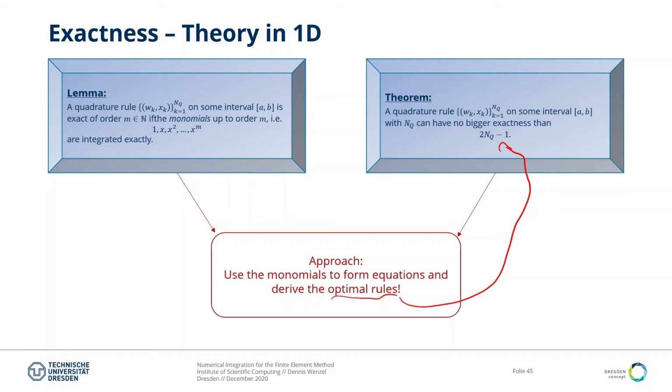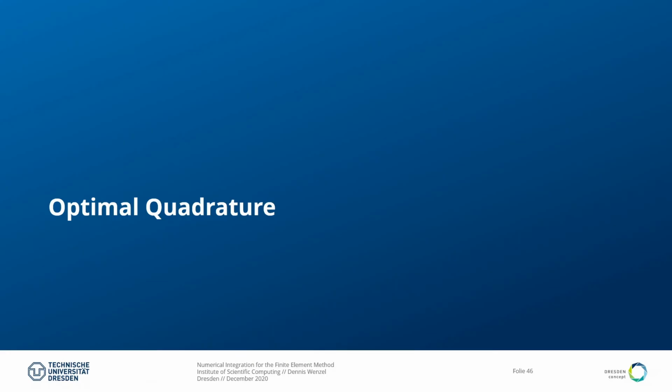And in order to derive this, we want to choose points and weights in an optimal way. For that, we use the monomials, derive equations, and then compute our points and weights in an optimal way. So now let's see how we can derive optimal quadrature rules.